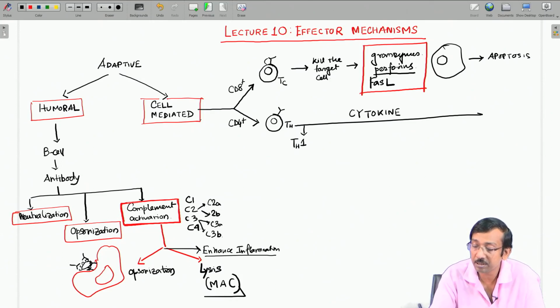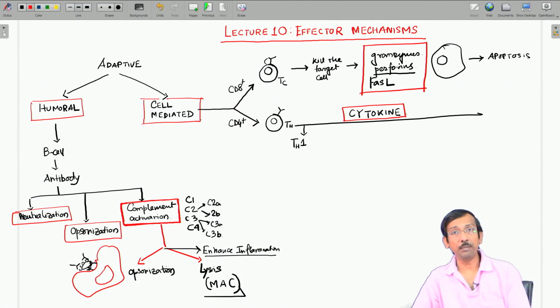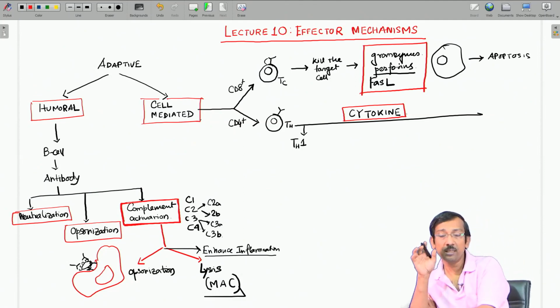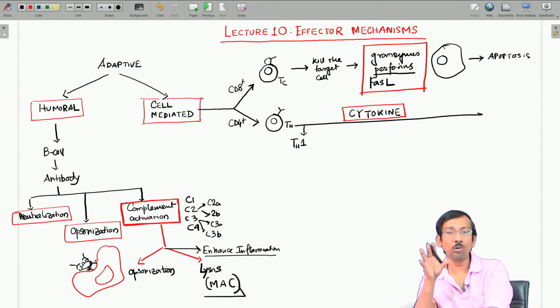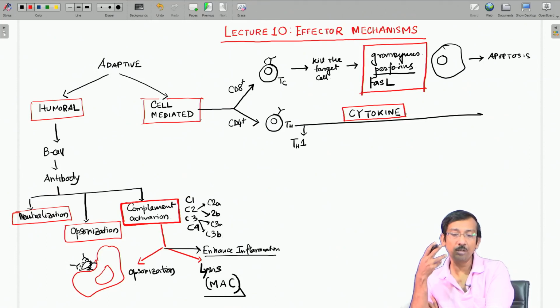We will be discussing the cytokines in detail in future lectures, but for the time being, let us understand that cytokines have a big role in the effector mechanisms of the immune system.